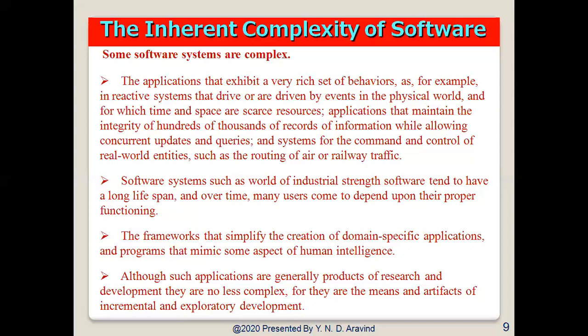So to overcome this, software systems such as the world of industrial strength software tend to have a long lifespan, and over time many users come to depend on their proper functioning. For this reason, we started using mainframe servers, and after September 2001, we started having backups of those mainframe servers.